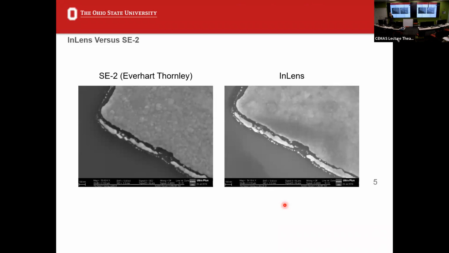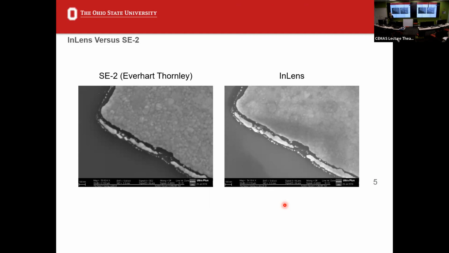So this one I might come back to. This is not the best. This is one of my training samples. Actually, it's very dirty. As you can see, this is a gold on silicon. And so this is just a comparison for students when I'm talking about, hey, why would you use the Everhart-Thornley versus why would you use the in-lens detector? This isn't at super high voltage, it's at 5 kV.